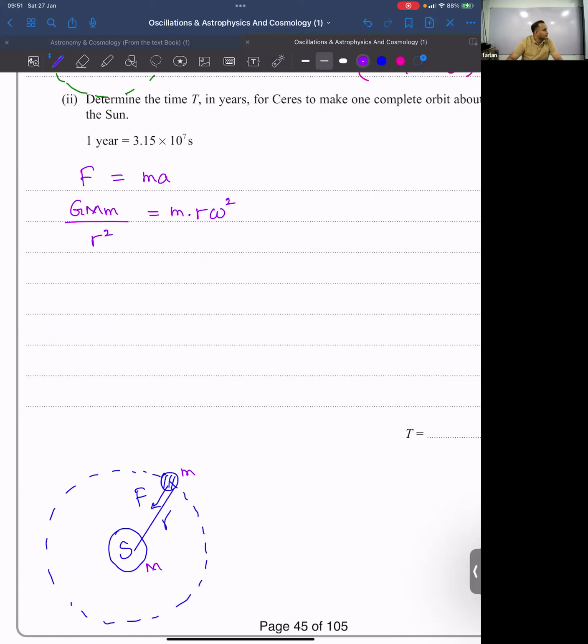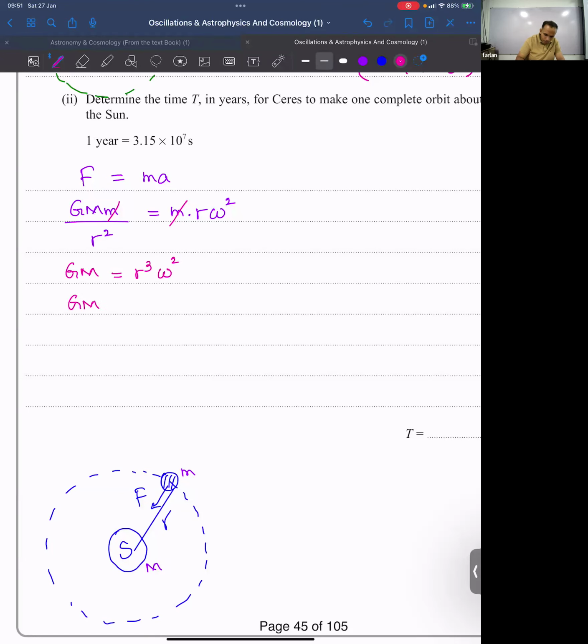You remember this? Centripetal acceleration is r omega square. So one of these m's will cancel off. If you cross multiply, GM equals r into r square, which is r cube omega square.